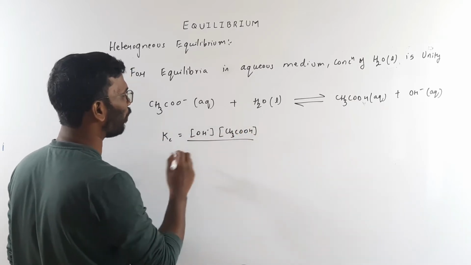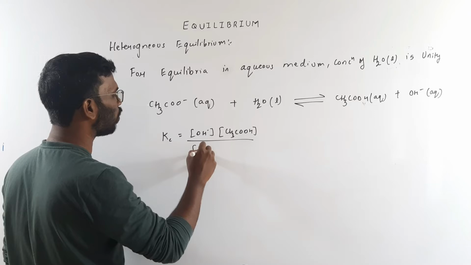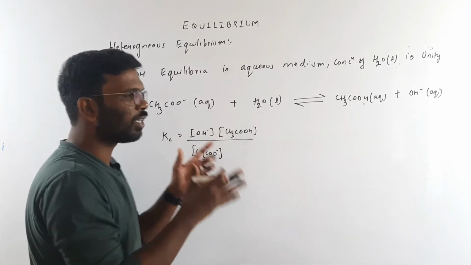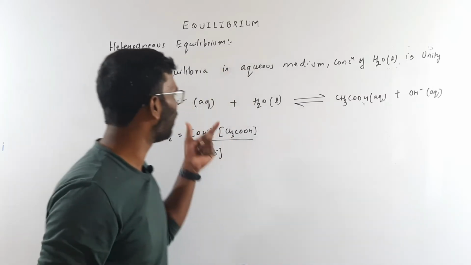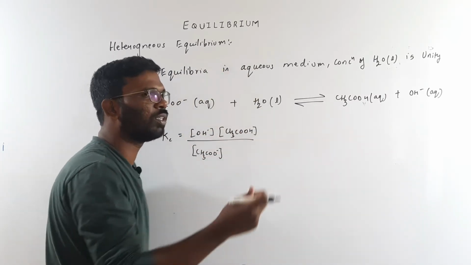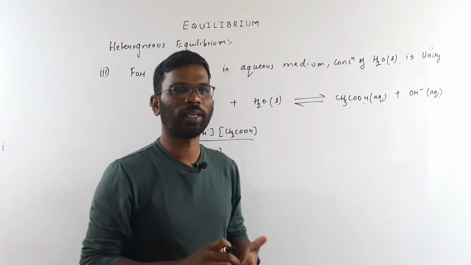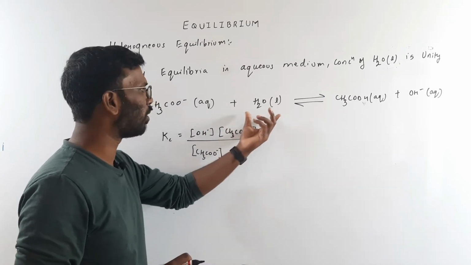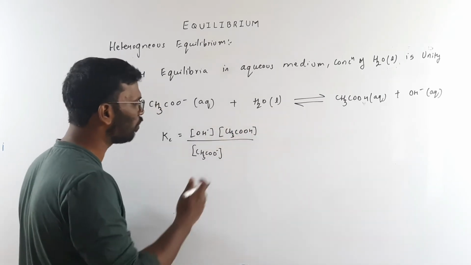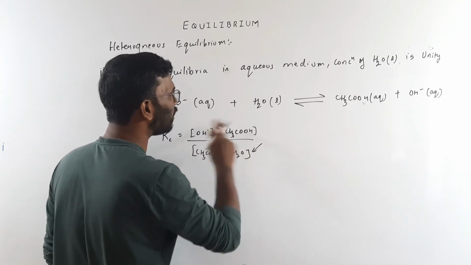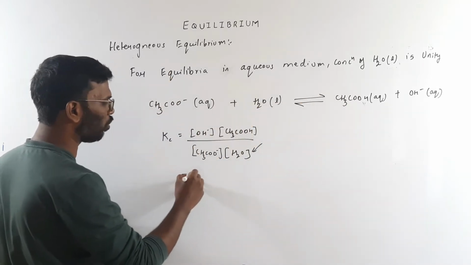Both of these are in the aqueous medium, meaning dissolved in water, and water itself is the solvent. There won't be any change in the concentration of the solvent. So I write H2O, but since it is in the aqueous medium, the liquid is considered to be unity.